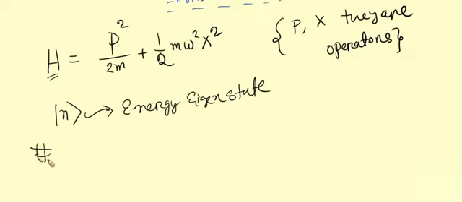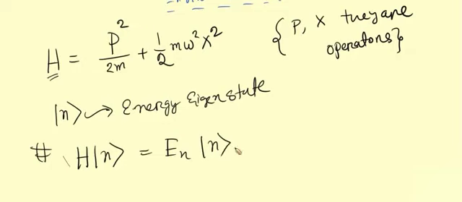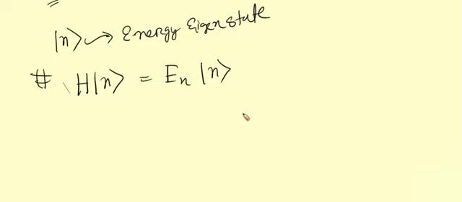So the eigenvalue problem is that we have our operator H, we have our vector n, an energy eigenstate. It should spit out the energy for that level. This n refers to some level, that is some energy, and it leaves the vector as it is.